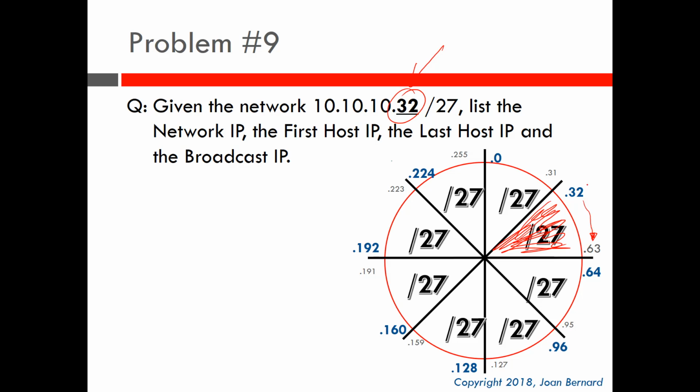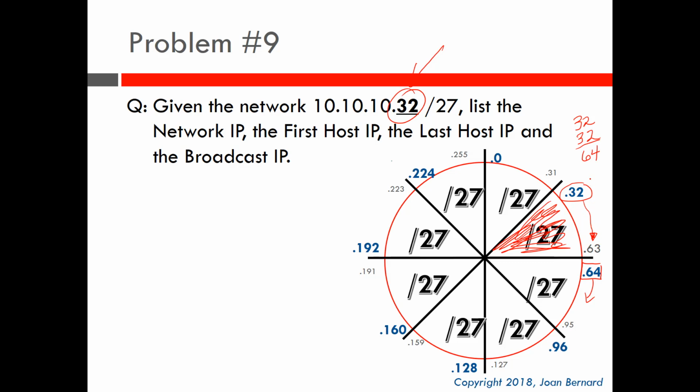I could always double check my work: I start at 32 and add the 32 IP addresses in that range, and that results in the next network IP address, which is 64. So I know that I'm on the right track because 64 would be my next starting point for the following subnet. So 63 has to be my broadcast.